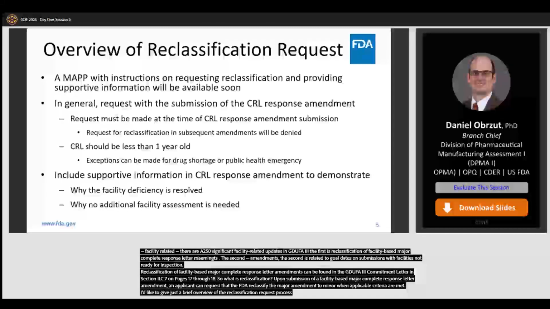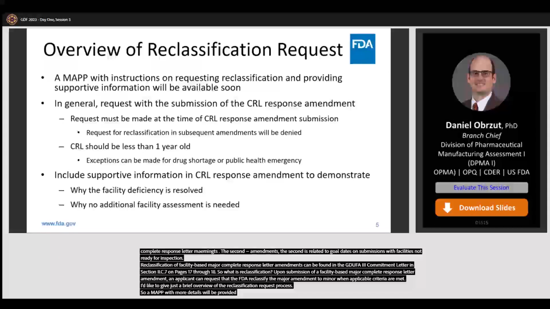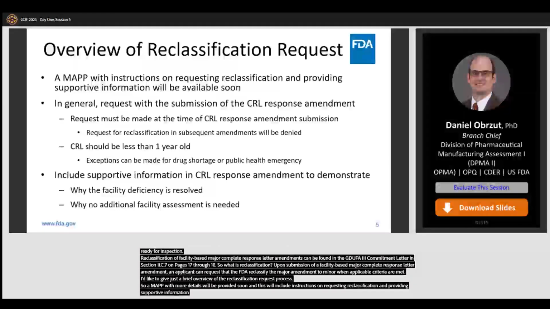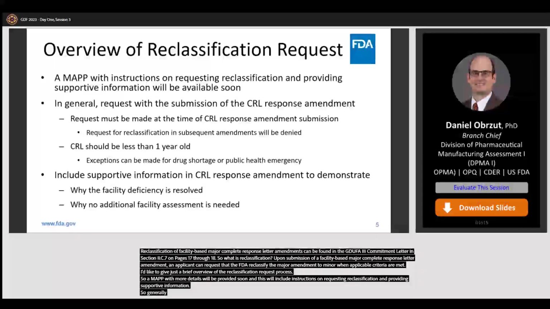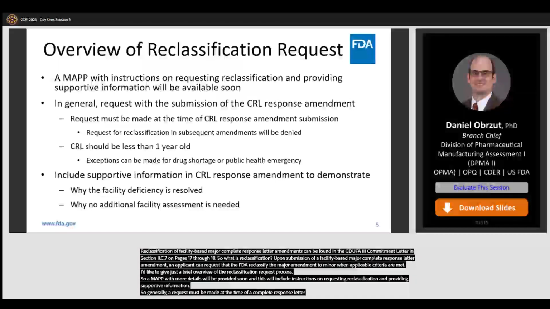I'd like to give just a brief overview of the reclassification request process. A map with more details will be provided soon, and this will include instructions on requesting reclassification and providing supportive information. Generally, a request must be made at the time of a complete response letter response amendment submission. Requests for reclassification in subsequent amendments will be denied.